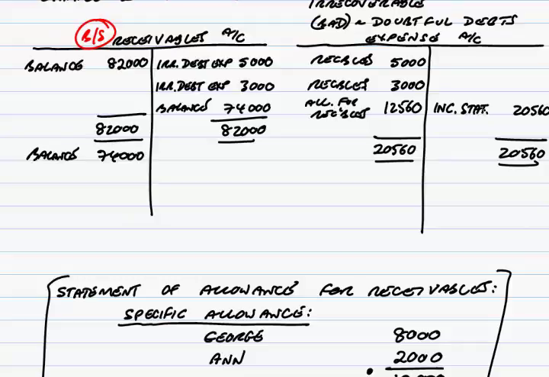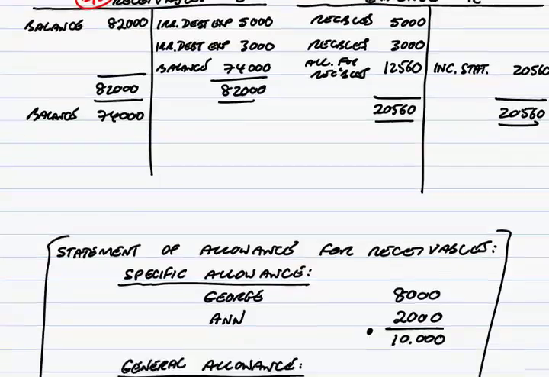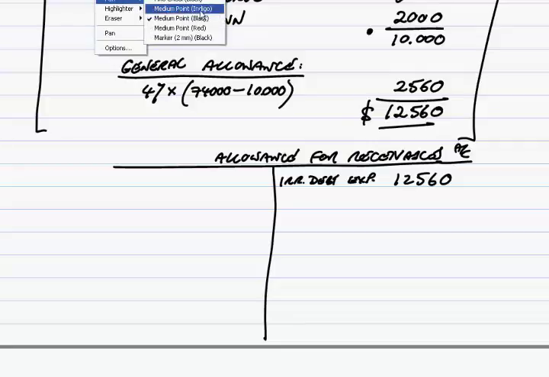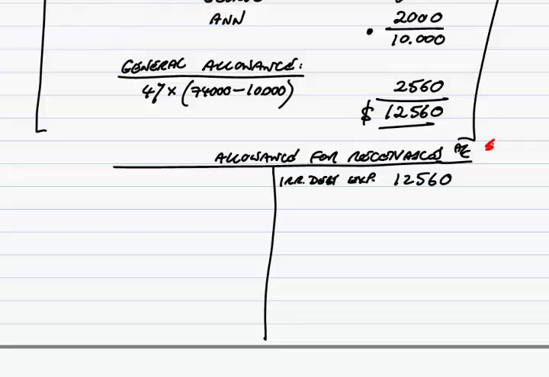Credit the expense account, debit income statement, as we always do for expenses, 20,560. There's no balance left on the account. Finally, the allowance for receivables, there's a balance of 12,560. This is going to appear in the balance sheet as a deduction from receivables. We'll leave the balance there.